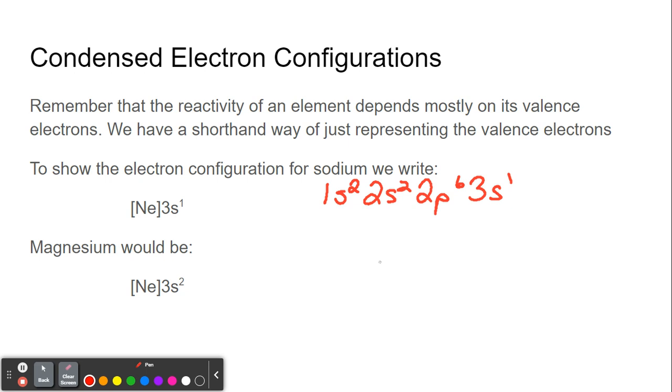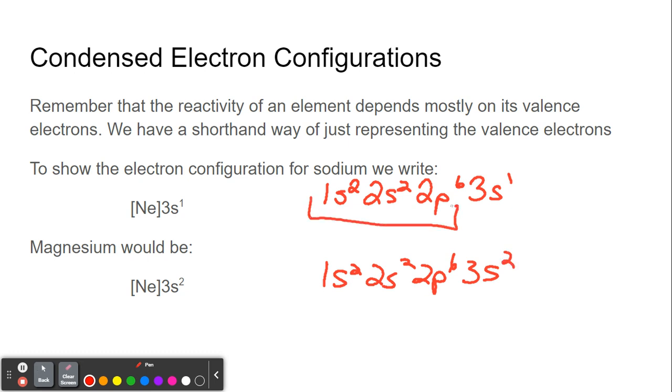Then, if I was thinking about magnesium, I would still have to write out 1s2, 2s2, 2p6, 3s2. This whole beginning part gets repeated again and again as you go further down the periodic table.